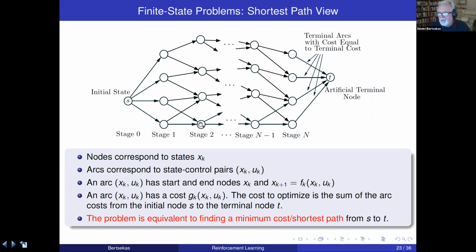grows exponentially with the stage, okay? So for example, for the starting chess position, there's a small number of next positions that can occur, maybe 30, 40, whatever it is, probably less than that.